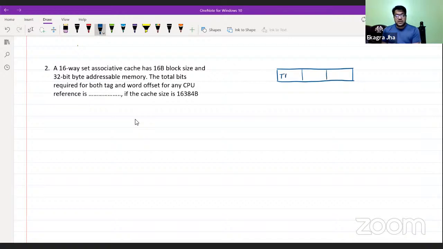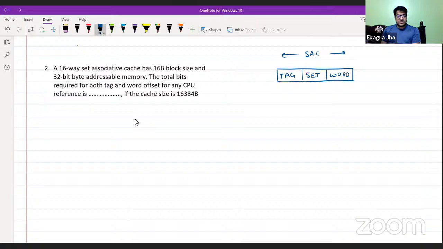First, the tag bit, another is the set, and the last one is the word offset. This is the format of set associative cache. So all we need to find is the number of bits in the tag and word, and then we need to total them. Okay, but how are we going to do this?